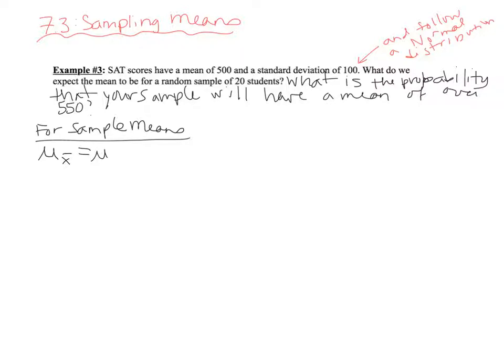Your standard deviation in a sampling distribution, which I denote as sigma with an x bar, is going to be the population standard deviation over the square root of n, where n is the sample size.